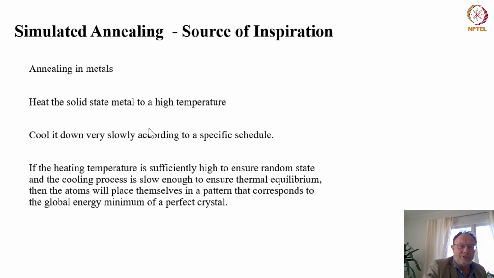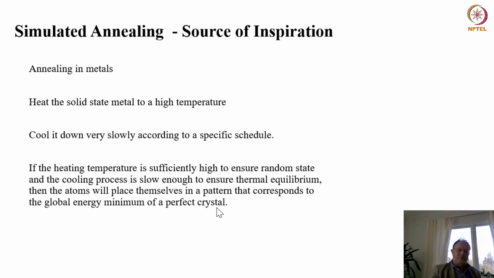But then you slowly cool the metal down according to some schedule. So if you start very high and cool it down very slowly, then you can achieve that the atoms will place themselves in a pattern that corresponds to the global energy minimum of a perfect crystal. So of course you can see the analogy here.